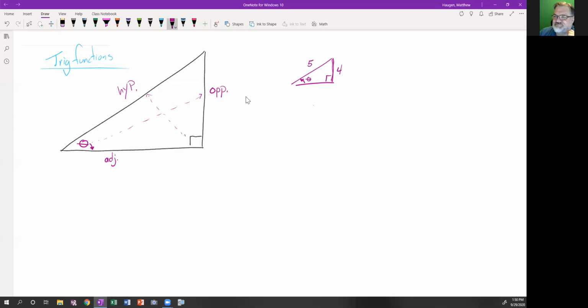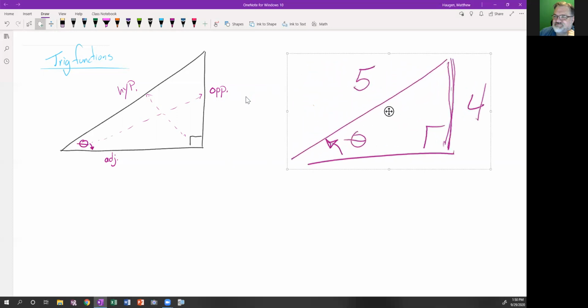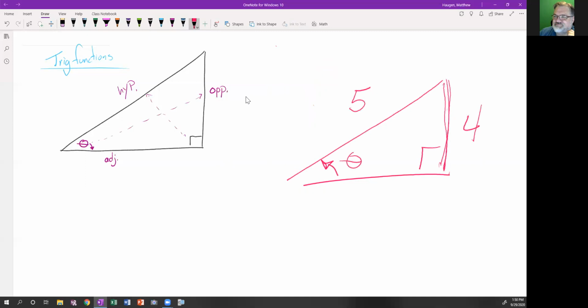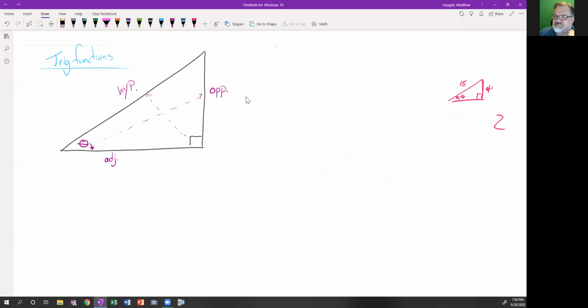If we made this triangle larger, if we scaled it up, then yeah, those lengths would change. So this would no longer be a 5 and a 4. This might be a 15 now, and this might be a 12 now. But the ratio between those sides stays the same regardless of what scale we're at.